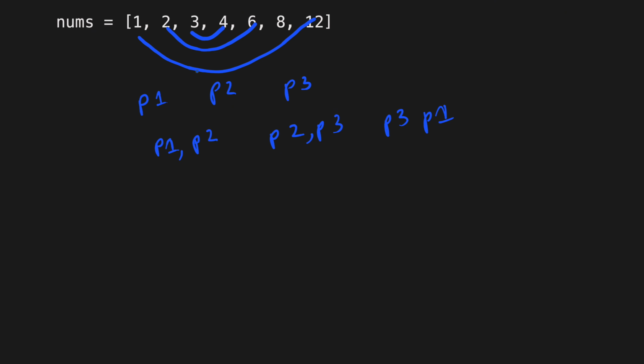That is, we can take one tuple like 1, 12 or 2, 6, or we can form the tuple like 2, 6 and 3, 4, or we can form the tuple like 3, 4 or 1, 12, right? So in total, we can form 3 tuples, resulting in total of 24 permutations.